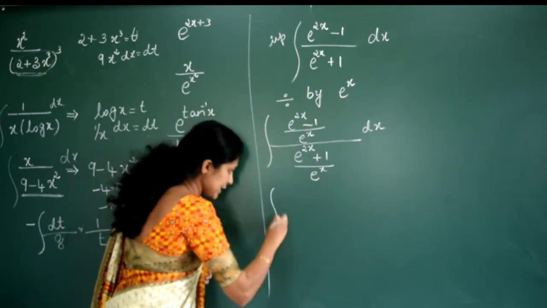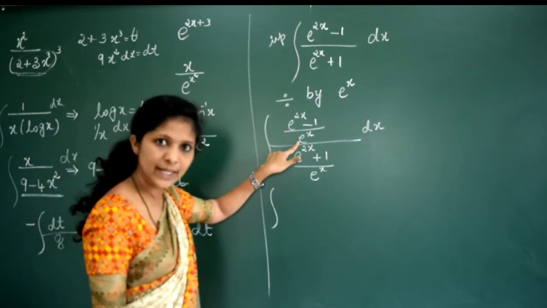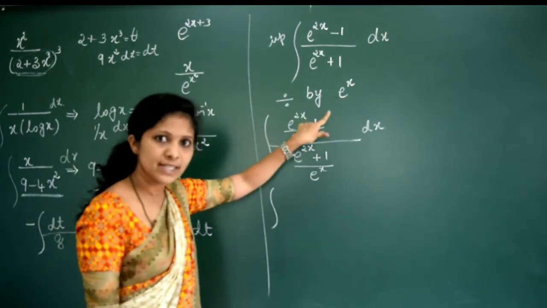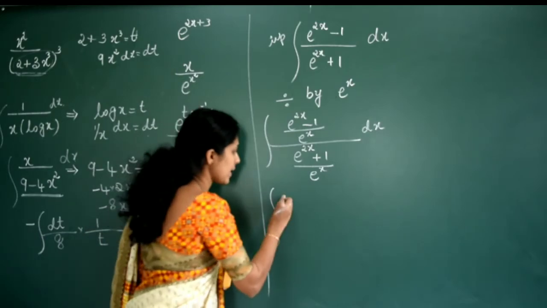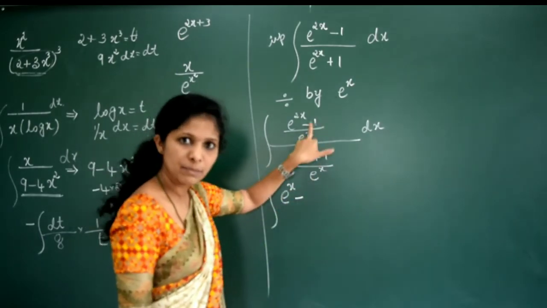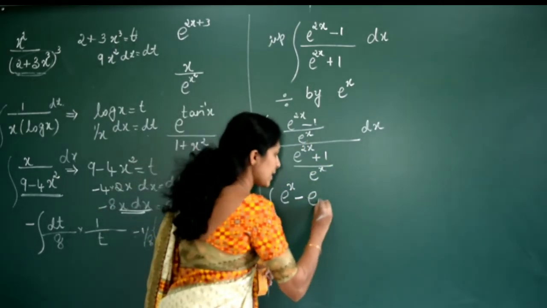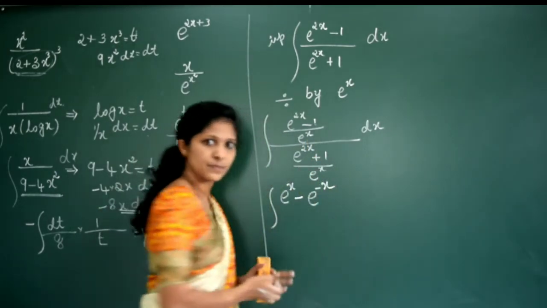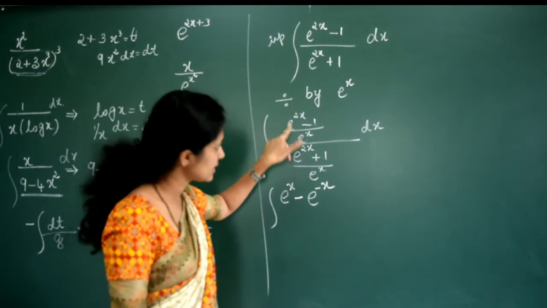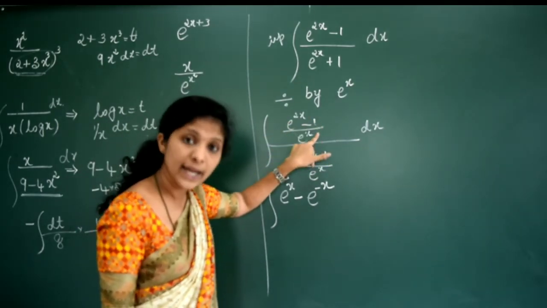Now e to the power 2x divided by e to the power x is e to the power 2x minus x, so it will be e to the power x minus 1 by e to the power x, and 1 by e to the power x can be written as e to the power minus x.